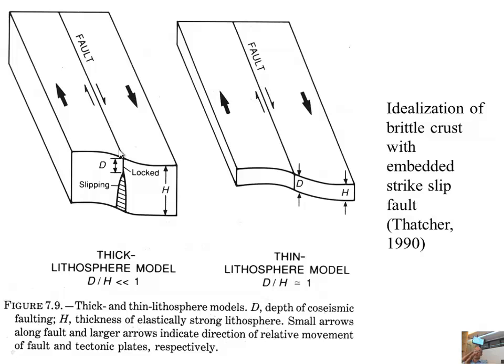You can even do it with a subduction zone, but let's just keep it this way for now. The two sides are moving horizontally. We know at depth, usually this depth D, below some depth, it's stably sliding. So what is D? How deep is usually this transition, do you guys think, in the Earth?